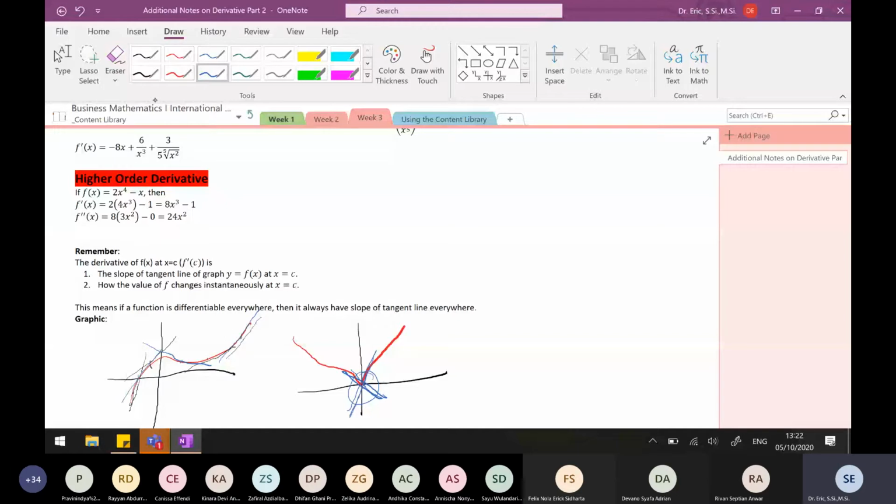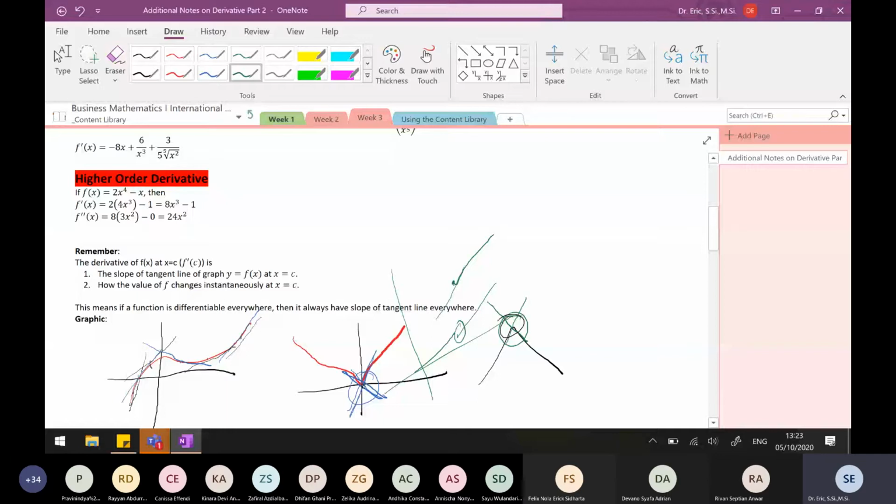What about this one? This kind of graph, it doesn't have derivative also, yeah? Which one is the derivative? This one or this one? I don't know. So it doesn't have derivative. So if you have a not continuous function, a discontinuous function, it doesn't have derivative.